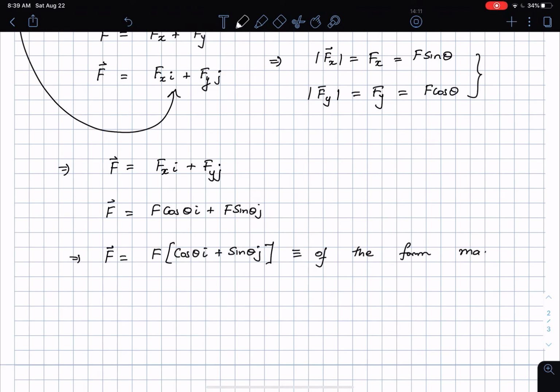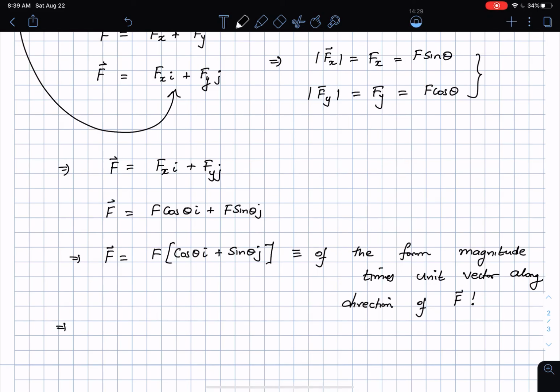magnitude times unit vector along the direction of vector f, right?